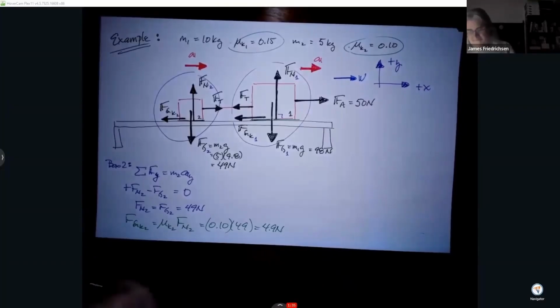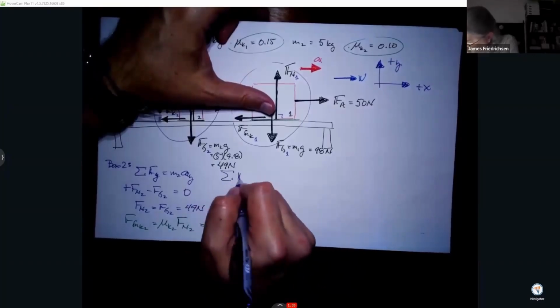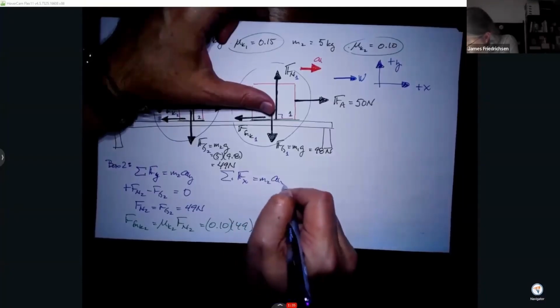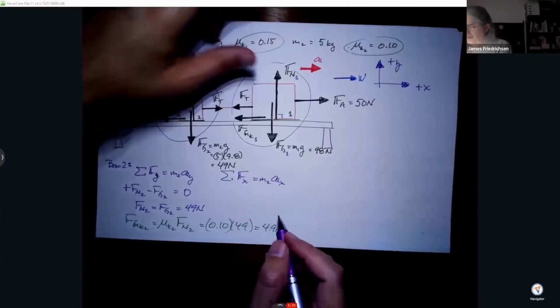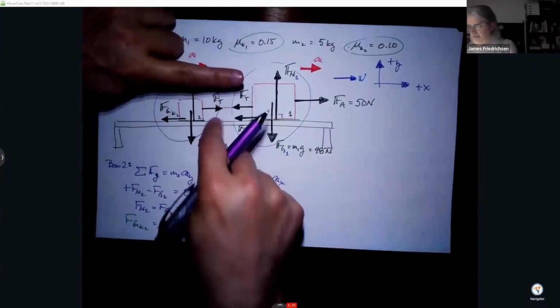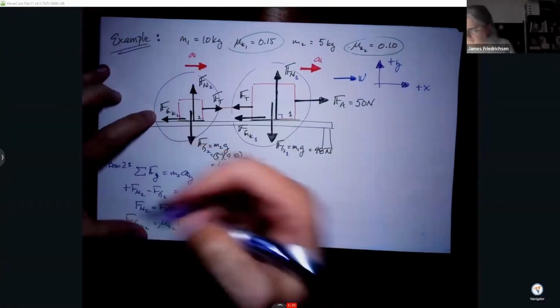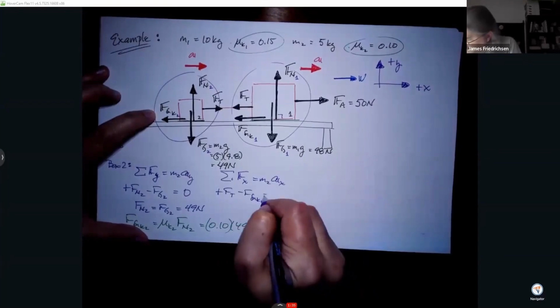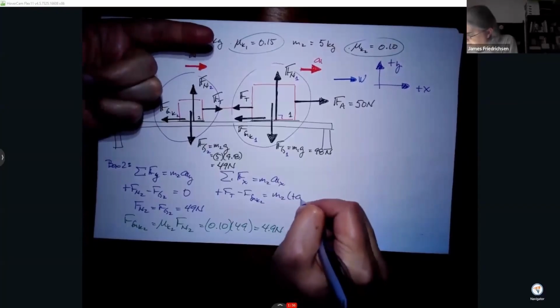Okay. Then we can go to the x direction. The net force in the x is mass 2 times the x component of the acceleration. So I have the force of tension, minus this friction kinetic 2, equals mass 2 times A, and the A is to the right, which is positive.